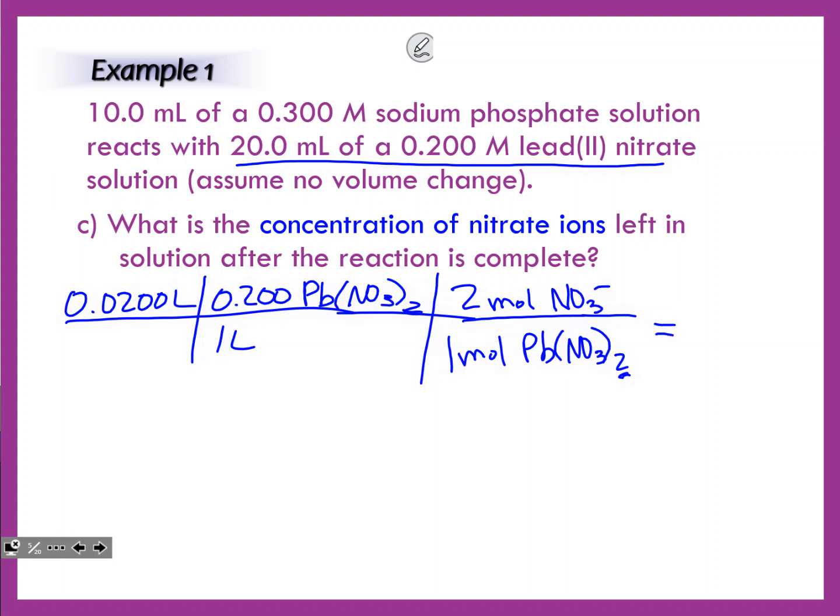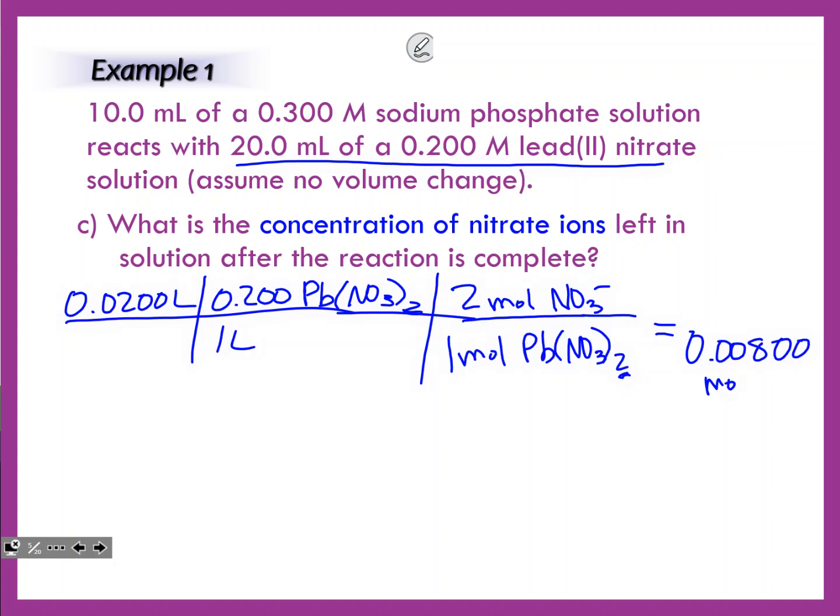So 0.02 times 0.2 times 2, I think that gives us what? 0.008. I think so. Check my decimal math on that. Yes, no, yes, no. Okay, good.